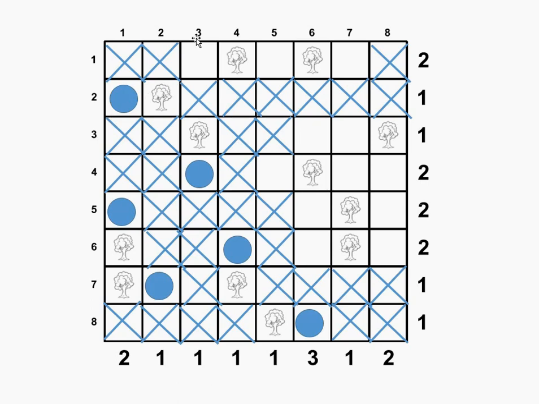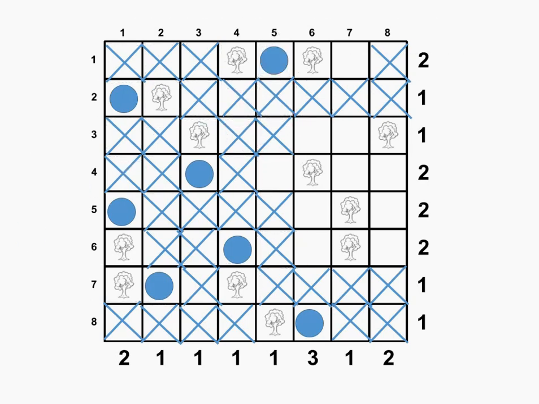For column number 3, there is a condition to have one tent. This is the tent, and here has to be the empty cell. The remaining two cells have to be tents, because of the main condition for the two tents in row number 1.